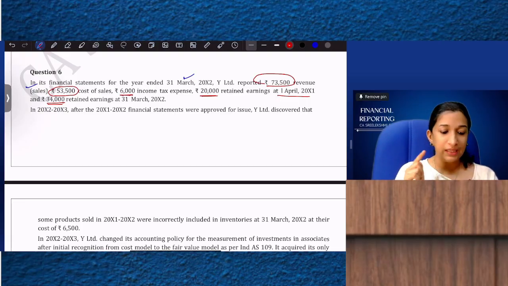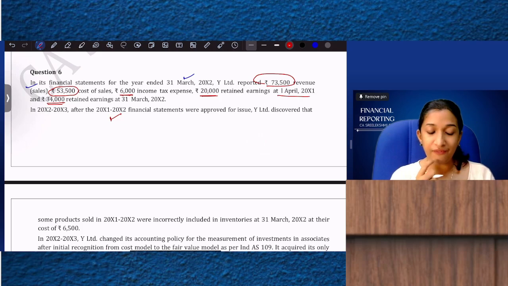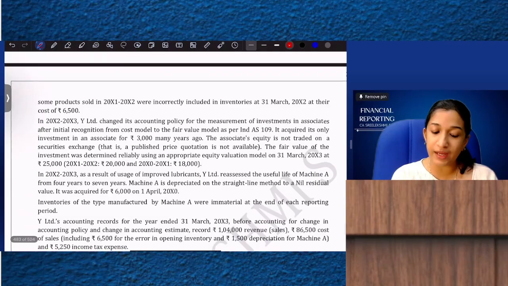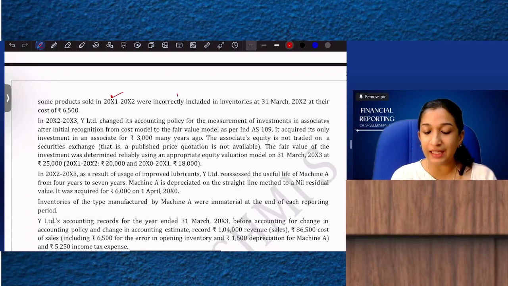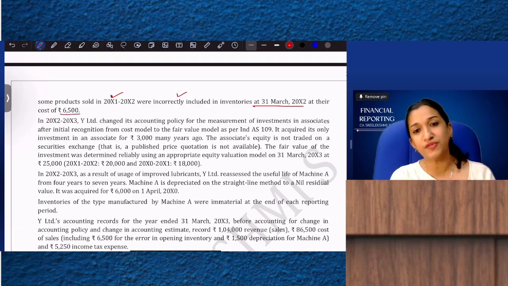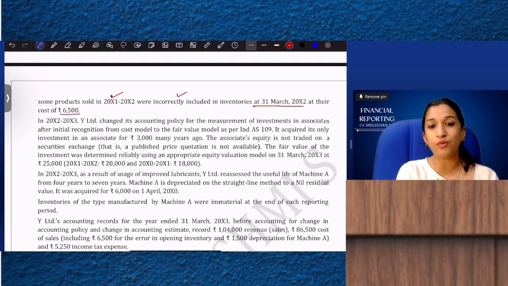In 2012-13, after the 11-12 financial statements were approved for issue, Y Limited discovered that some products sold in 11-12 were incorrectly included in inventories at 31st March 12 at their cost of 6,500. The same error which we have seen before.